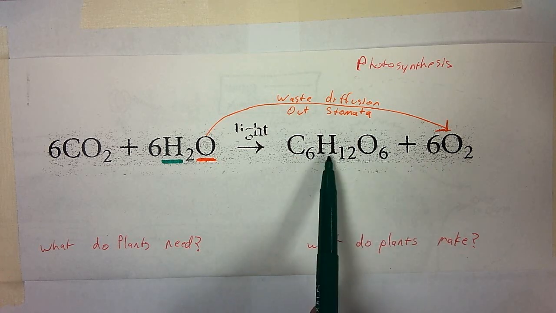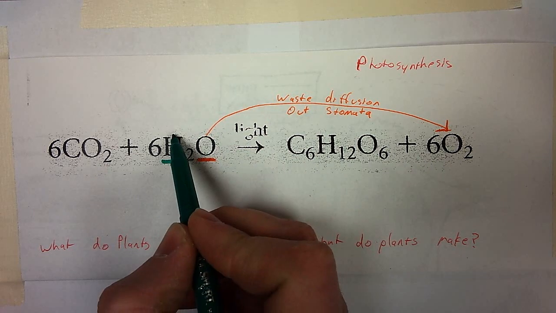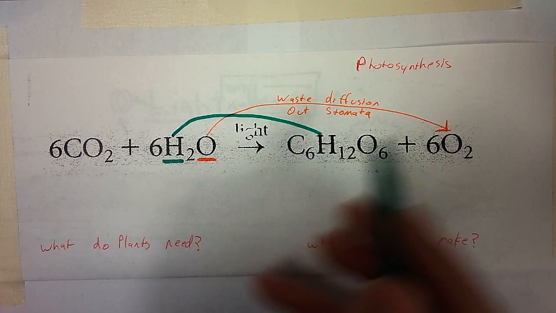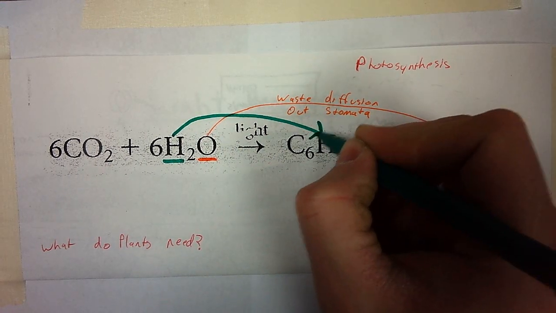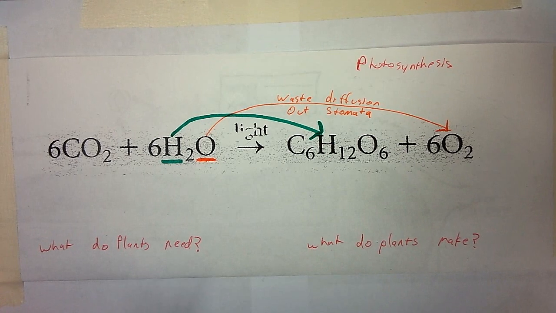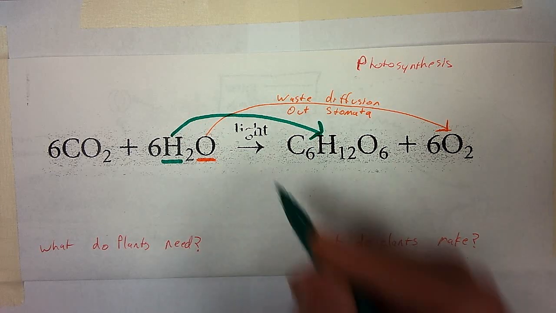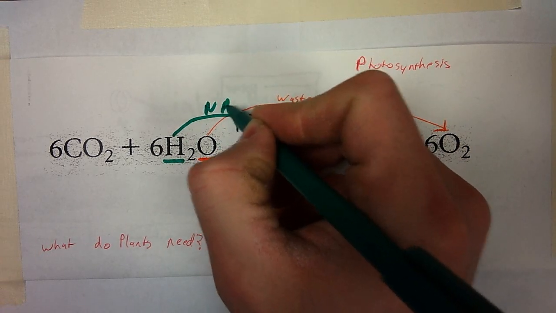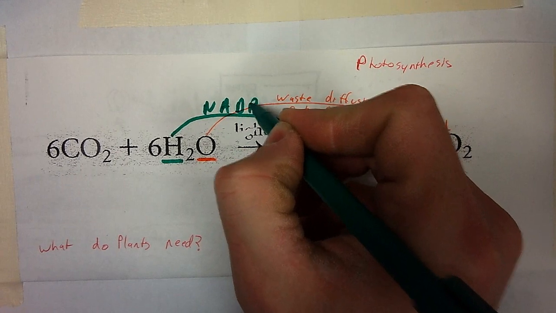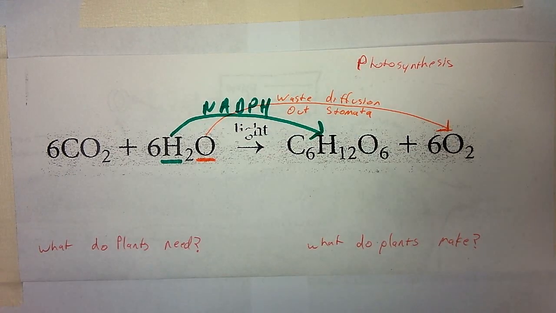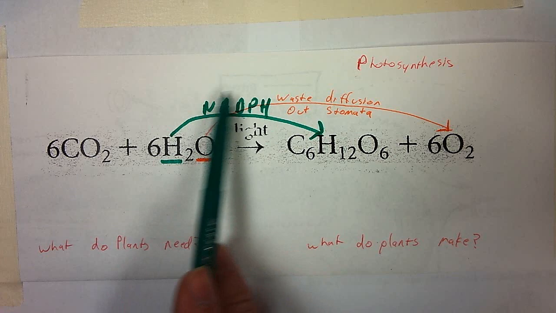Because there's only one H, that's easy enough to draw my arrow to the hydrogen. And then, to remind myself how I got there, I'm going to write the molecule that took it, NADPH. We've called this the taxi driver, limo driver, Uber driver, UPS driver, all of the above, whatever helps you remember it most. This is a transport molecule though.